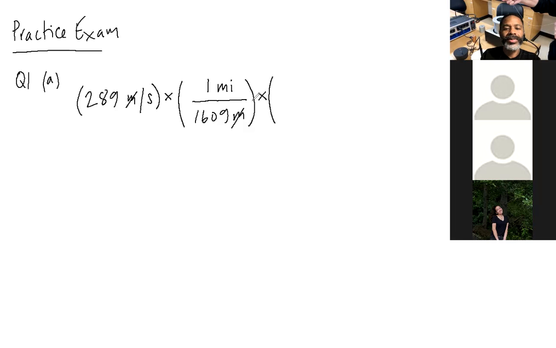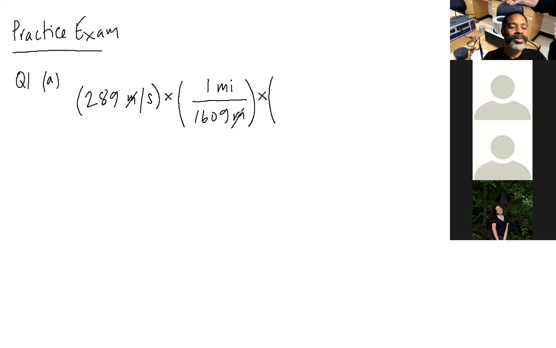So this is 1 mile over 1609 meters, right? That means the same thing as 1. We aren't effectively changing anything. You don't really change a quantity by multiplying by 1.